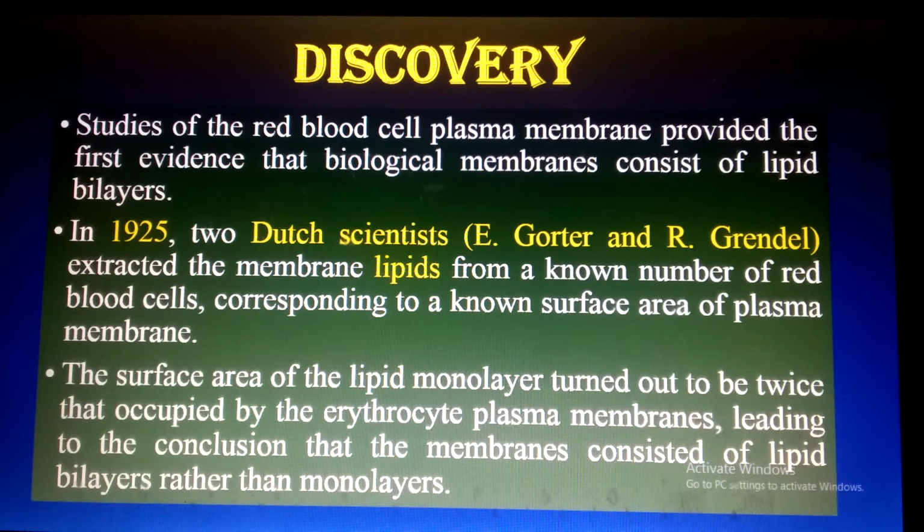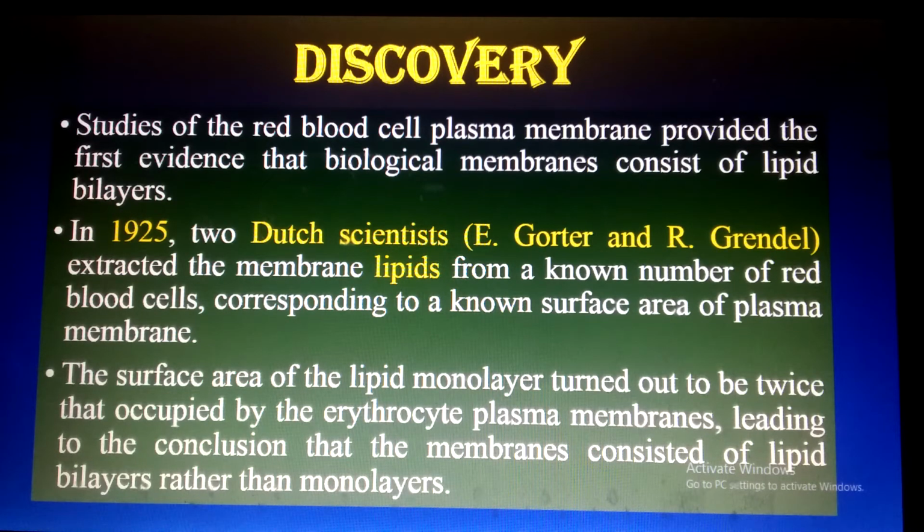The surface area of the lipid monolayer turned out to be twice that occupied by the erythrocyte plasma membranes, leading to the conclusion that membrane consists of lipid bilayer rather than monolayer.